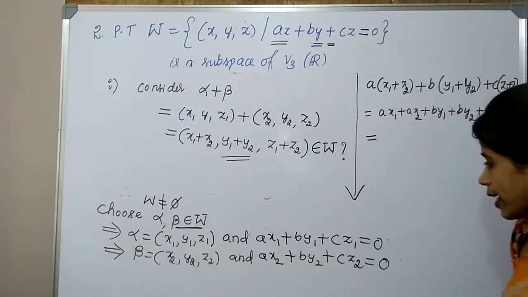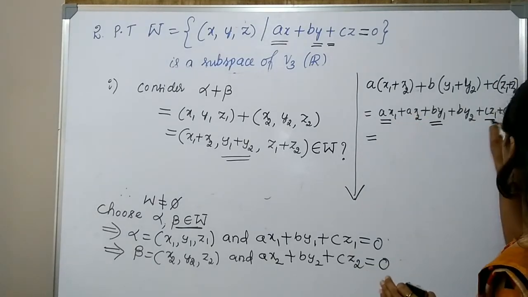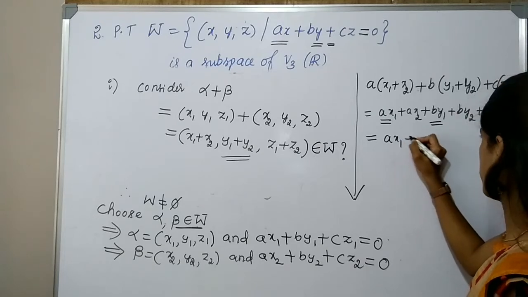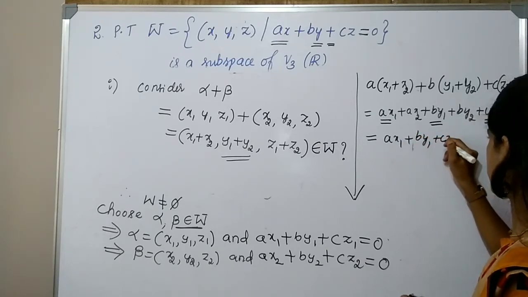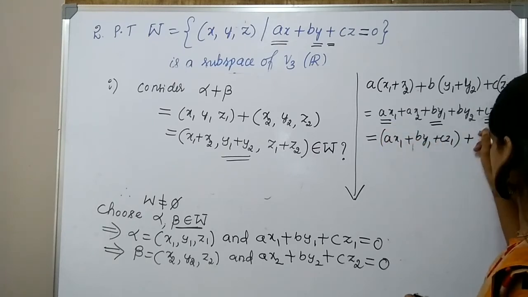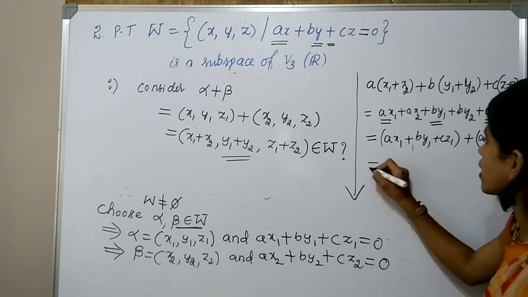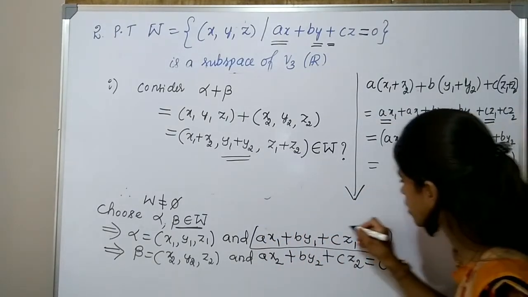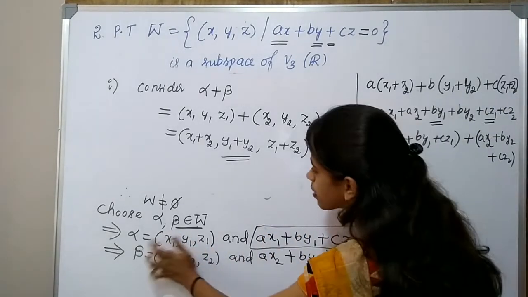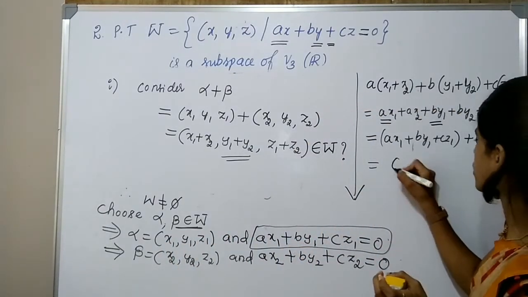Now I am taking the x1, y1, z1 terms on one side in one bracket, ax1 plus by1 plus cz1, plus the remaining in another bracket, ax2 plus by2 plus cz2. So what is ax1 plus by1 plus cz1? This one is 0. Why is it 0? Because alpha belongs to W, therefore the element must be in that form.